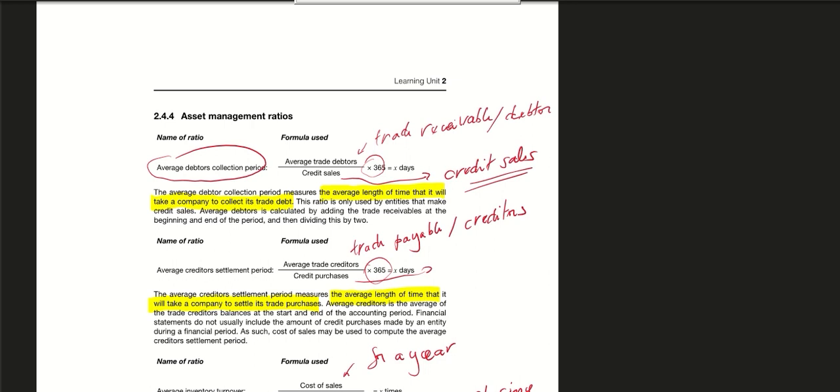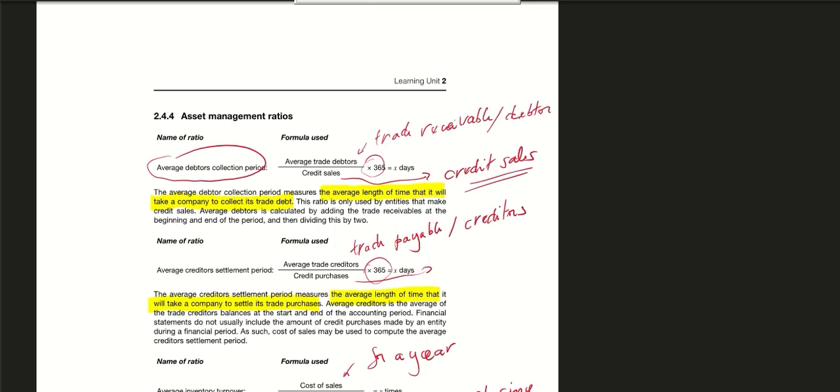Okay, the people who are selling to us are our creditors. They are selling to us on credit. The average creditor settlement period now comes into account. Remember again, the difference here is the debtor collection, we are collecting, and on the other side, we are settling with our creditors, purchasers, suppliers, and so on and so forth.